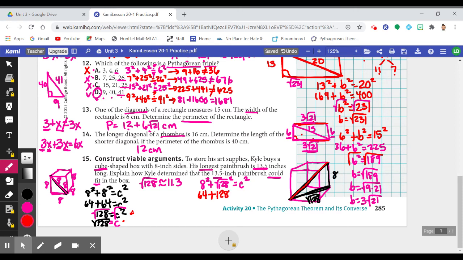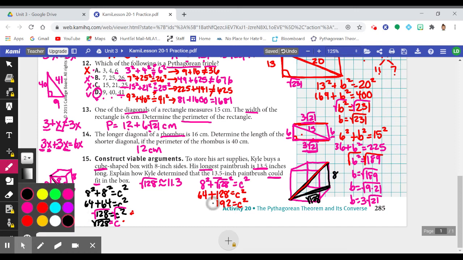This little exponent, the 2, which we call square, actually undoes the square root. They're opposite operations, just like addition is opposite of subtraction. So when you square a square root, you get that number underneath the square root. 64 plus 128 is 192. And so c squared is 192.